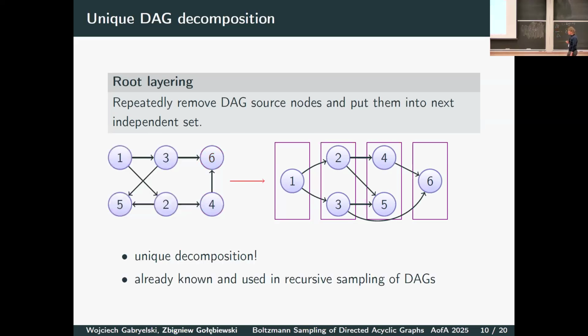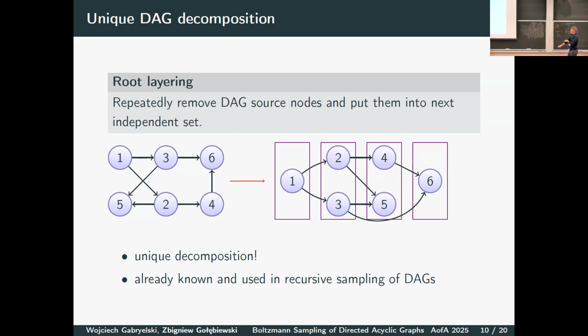First of all, this decomposition is unique. It is easy to justify by this construction. Also, we can see that this decomposition is special, because for every vertex in some set, you have to have at least one arc from a vertex in the previous set pointing to it.